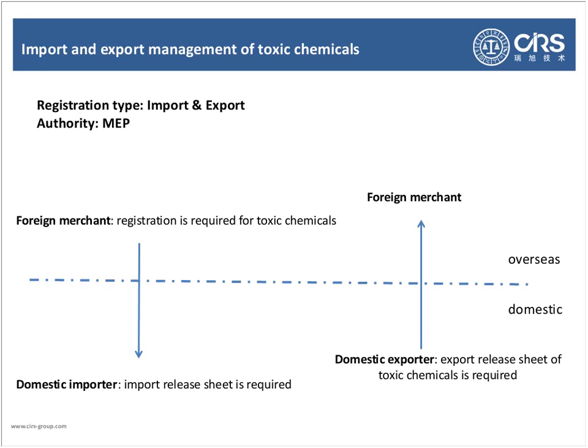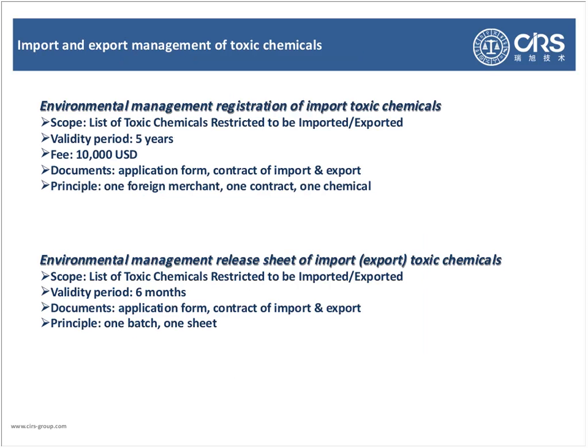Specifically, for the environmental management registration of imported toxic chemicals, the validity is 5 years. If you want to renew your registration, you need to submit your application 6 months before the validity ends. Then the authority will review your registration and make approval.